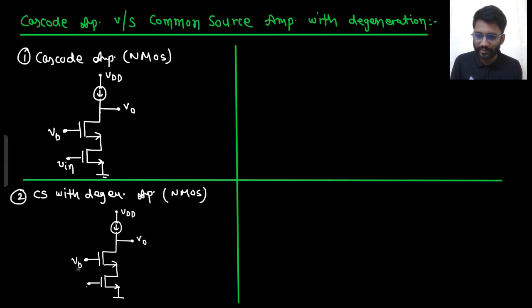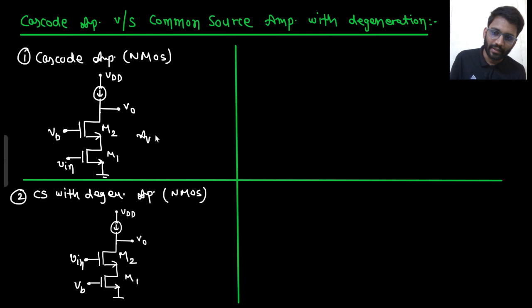I will just interchange this supply and here there will be this supply, here this will be VB. Let's call this one as M2, this one as M1, and here let's call this one as M1, this one as M2, or let's make the same name only, M2 and M1.